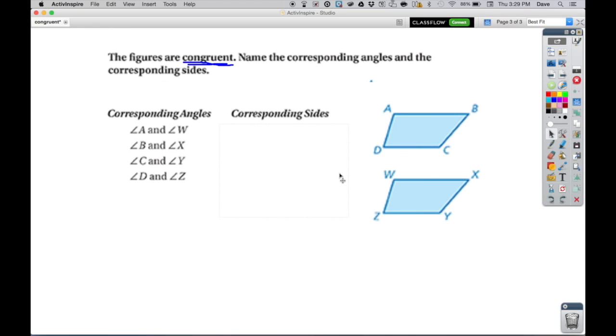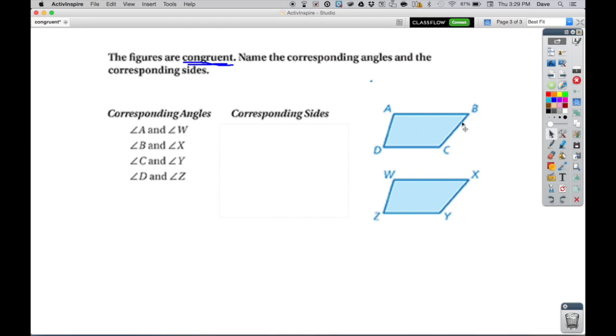All right, corresponding sides. Now, how we want to do this is match up the sides, but the sides aren't labeled, only the angles are labeled. So the way we would do this is, let's say I'm trying to find the corresponding side to this side that starts off at A and ends at B. Well, that'd be this side here, this side that starts at W and goes to X. So the way we write that is we want line segment AB. And we call it a line segment because in geometry, a line continues forever.